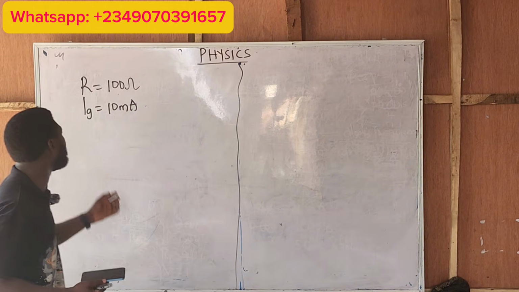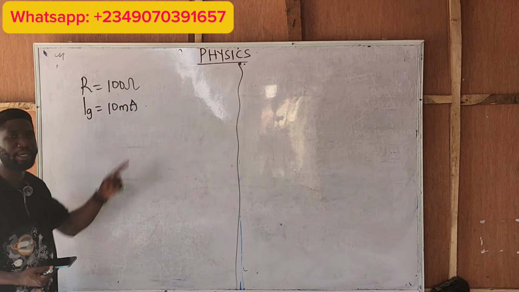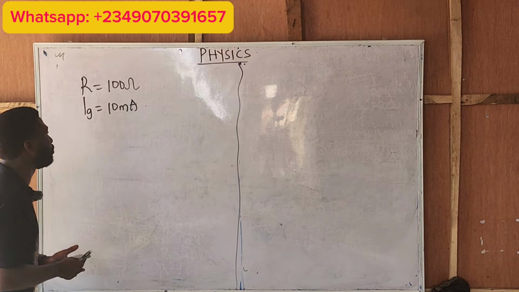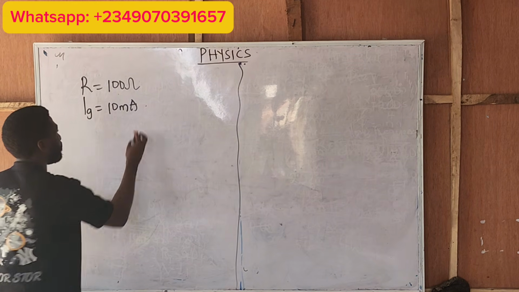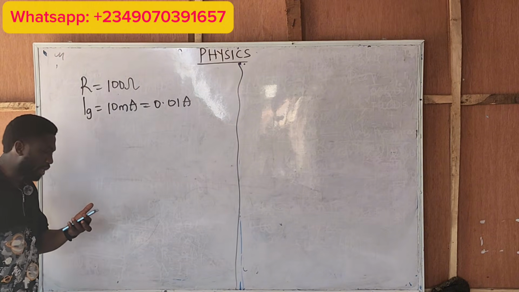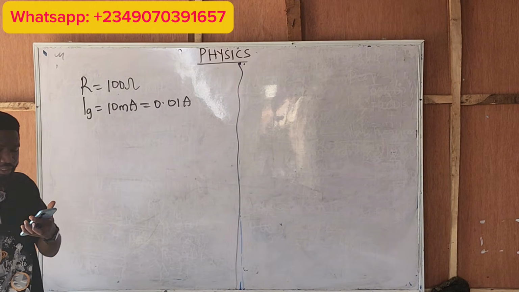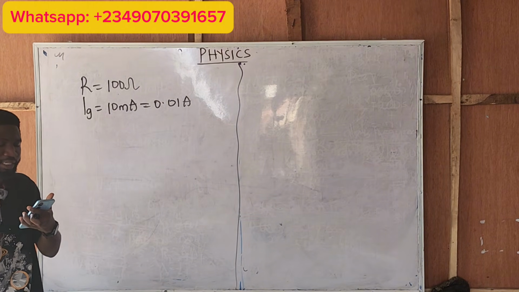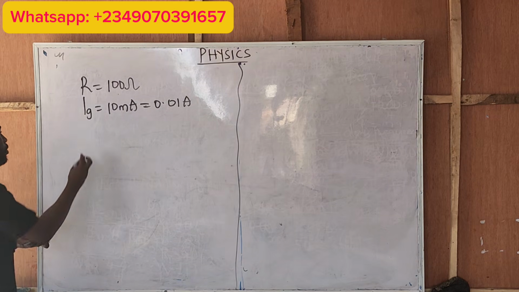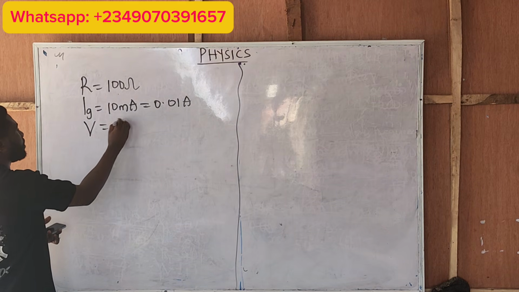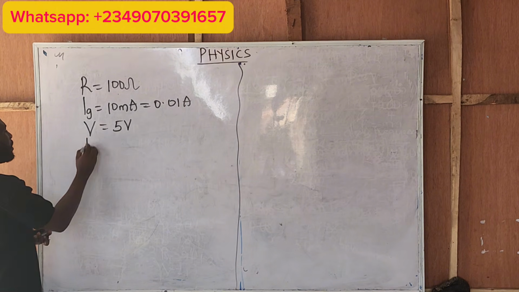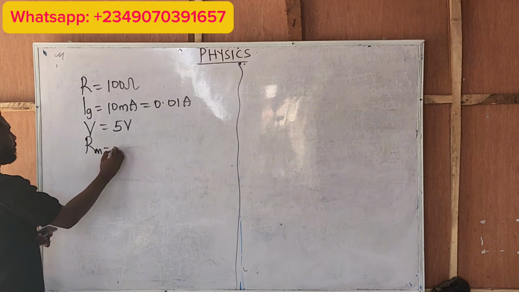So that is why we have the value in milliampere. In this case, I need to change milliampere to ampere, which is dividing by 1000. We are going to have 0.01 ampere. Calculate the value of the resistance necessary to convert the galvanometer to a voltmeter reading up to 5 volts. So V is 5 volts, and we are told to find the resistance necessary. That will give us the resistance of the multiplier.